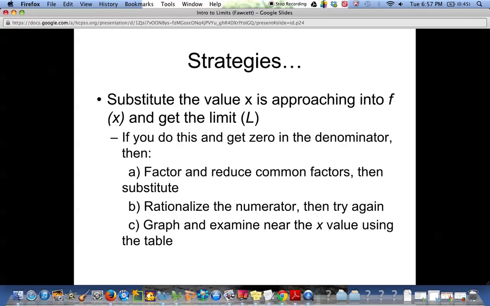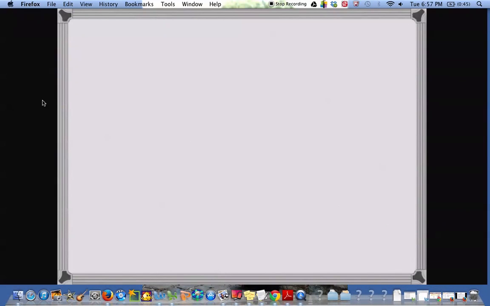So let's take a look at some basic limits that should refresh your memory about what you did in math analysis or the double up class or pre-calc. Say I gave you this problem, and you want to write this down in your notes: the limit as x approaches 1 of x squared plus 1.